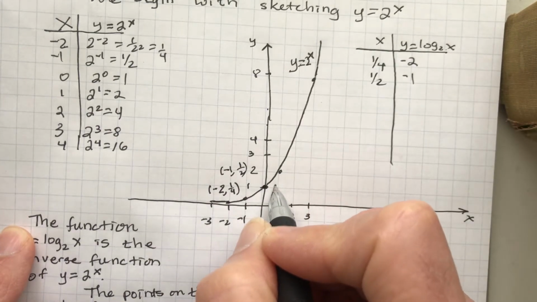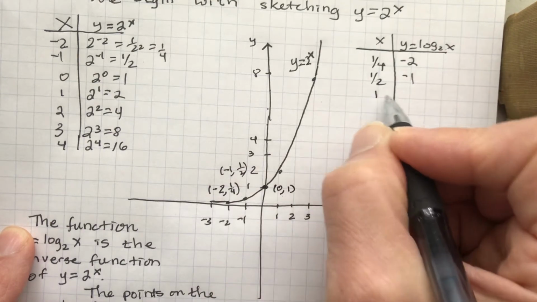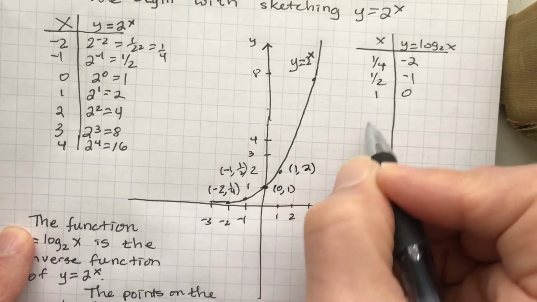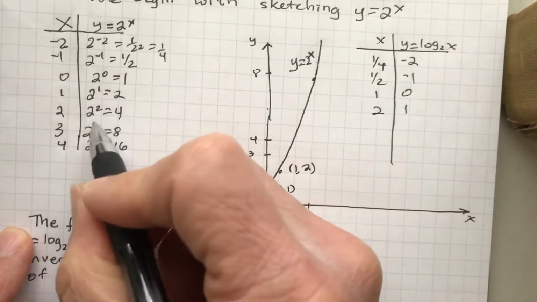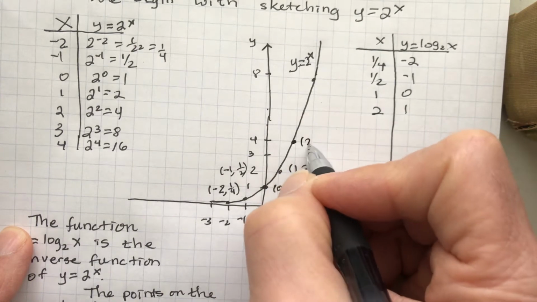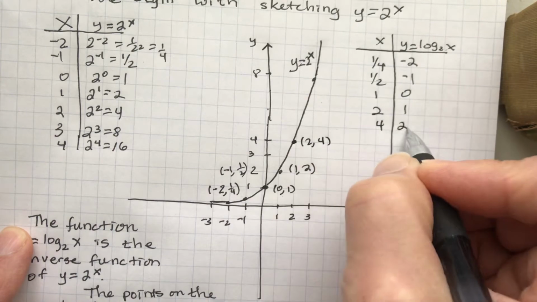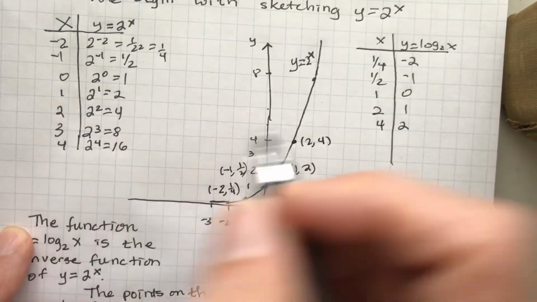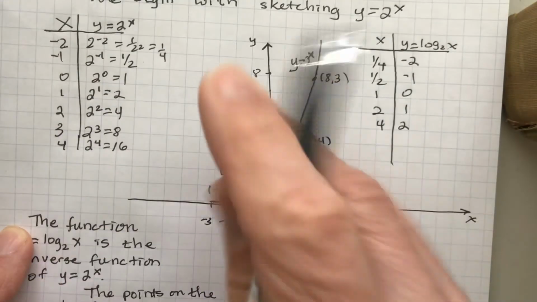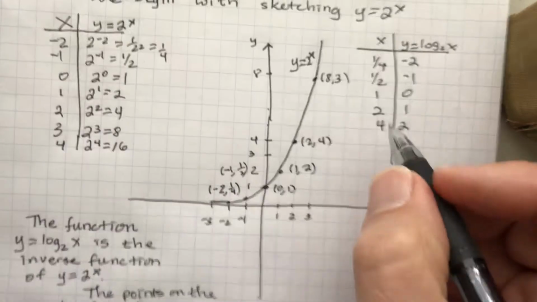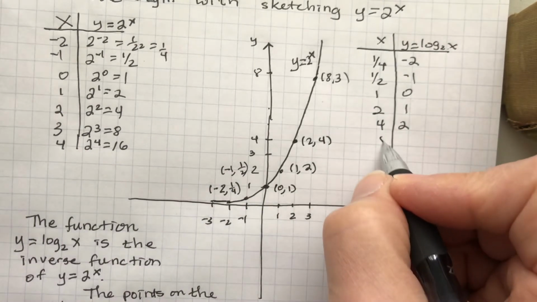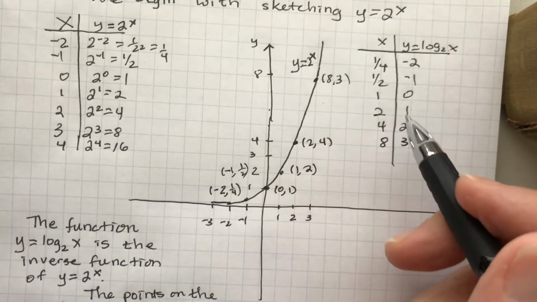Then here I have 0, 1, and I get 1, 0, then 1, 2, and I'll write 2, 1, and 2, 4, and I'll write 4, 2, and then 3, 8 corresponds to 8, 3. I didn't do 4, 16, it was off the graph. Okay, so did I do this right? Yeah, 8, 3.